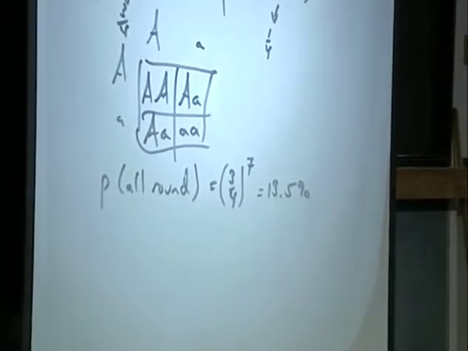Now, of course, if you saw something like this on an exam, I would not make you multiply it all the way through. You'd see an answer like 3/4 to the 7th or 3/4 to the 5th or whatever. I would not make you multiply it through.